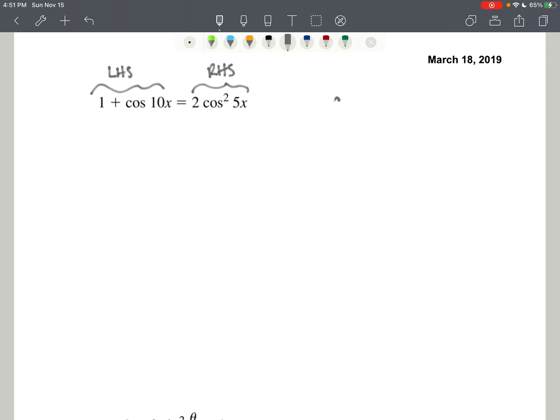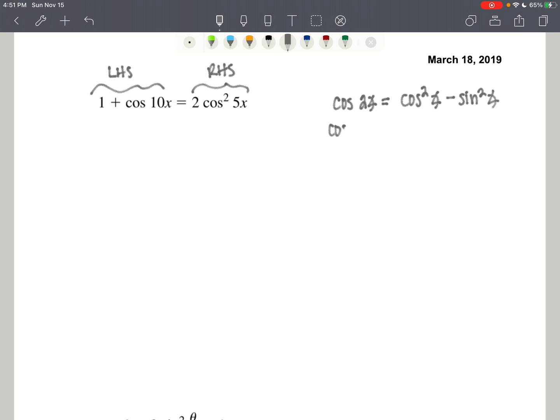We know that the cosine of 2 times an angle is equal to cosine squared of the angle plus sine squared of the angle. Not plus, that would be a minus.